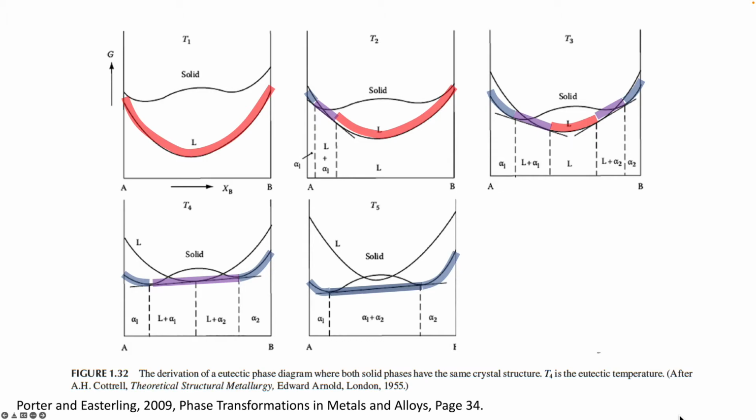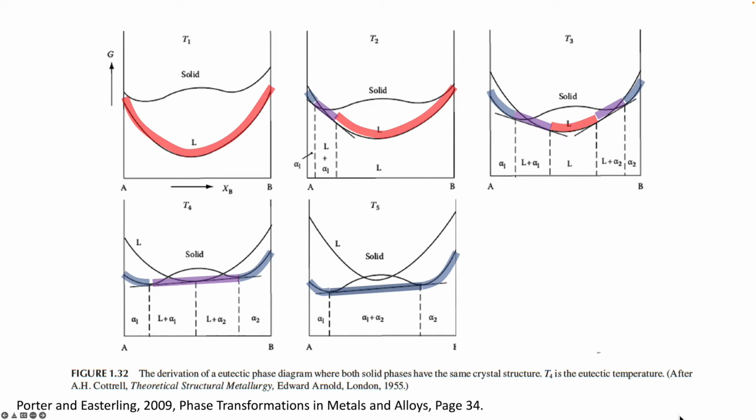Therefore, in between these two tangent points, the phase separation will be alpha 1 and alpha 2. Both alpha 1 and alpha 2 are solid phases, so there's no liquid present in this condition. In fact, you can apply this understanding to the previous higher temperature cases and check whether this principle is correct.